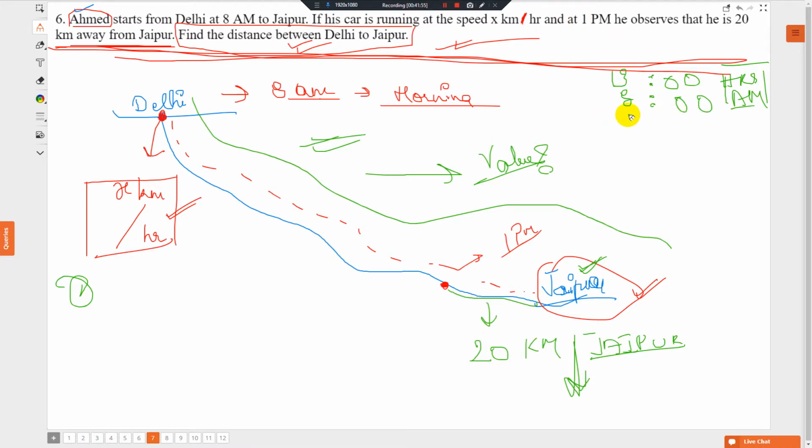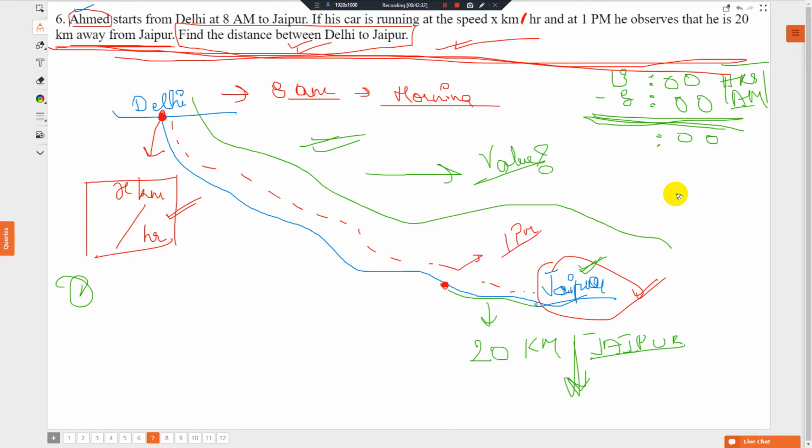Now, first find the difference of the hours they have given, 8 a.m. and 1 p.m., which is 13. No need of a calculator or your fingers. Just find the difference between 13 and 8. If we add 1 to 16, we get 17, and if we add 1 to 8, we get 9.